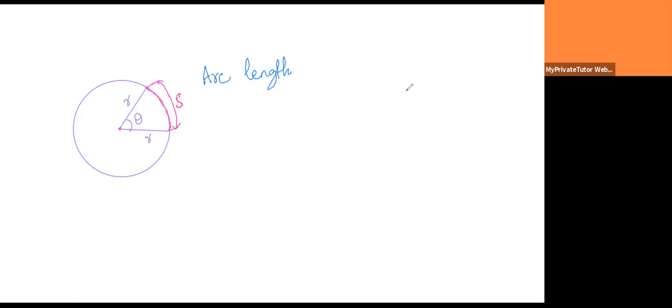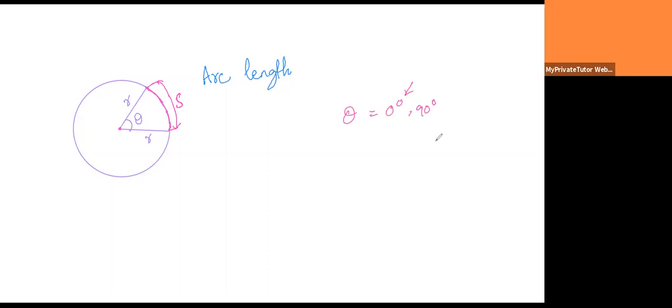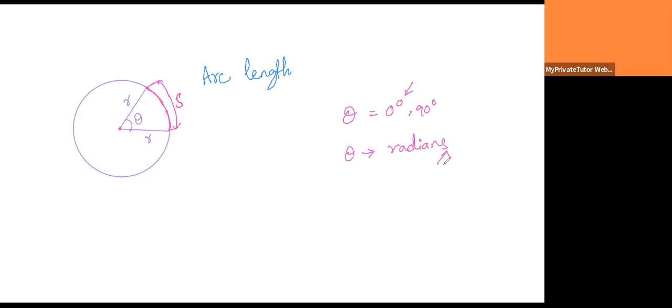So there are two ways: one is using degrees, like 40 degrees, 30 degrees, and the other is using radians. You know that? It's fine, I will explain that. I just wanted to check.